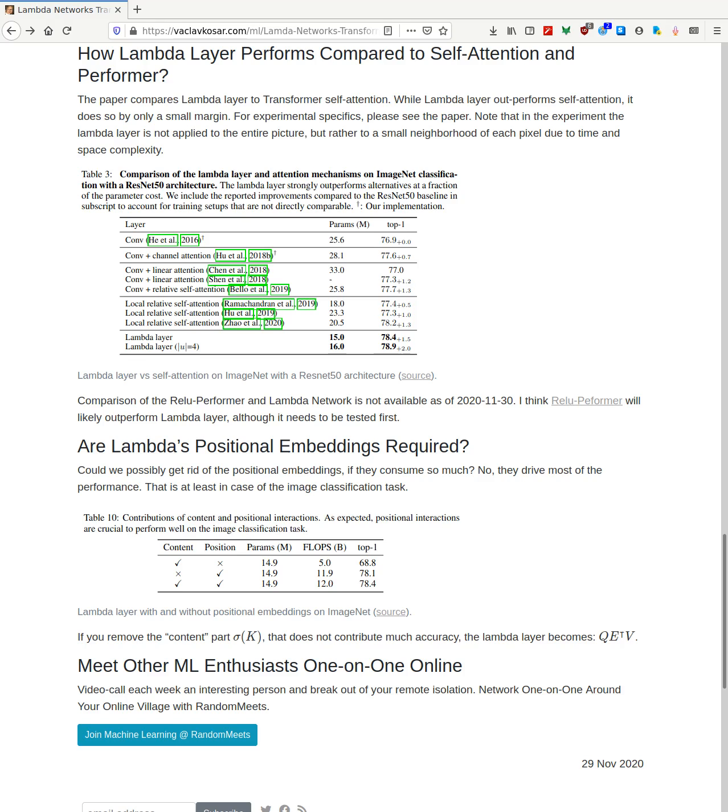And in the paper they show that they outperform self-attention, but the Relu-Performer probably will have similar performance as self-attention, but will be linear, and you will be able to use bigger patches, and then Relu-Performer probably is going to win.